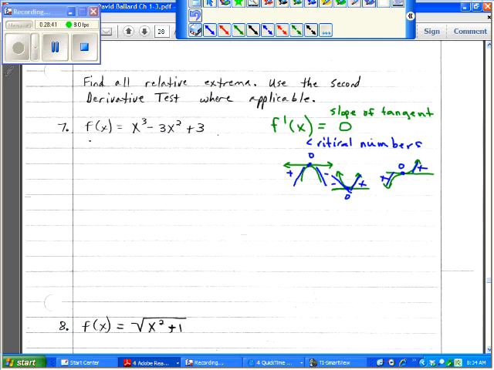But could we take the critical numbers from the first derivative and plug them into the second derivative and learn anything? Let's think about that. What if I took that point and plugged it into the second derivative? What would I find out about that point? It's a part of a concave down.